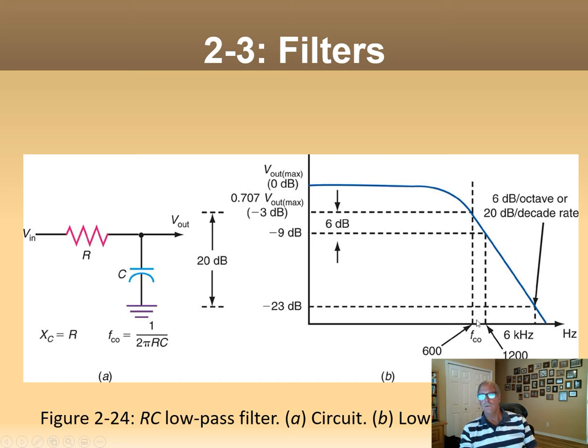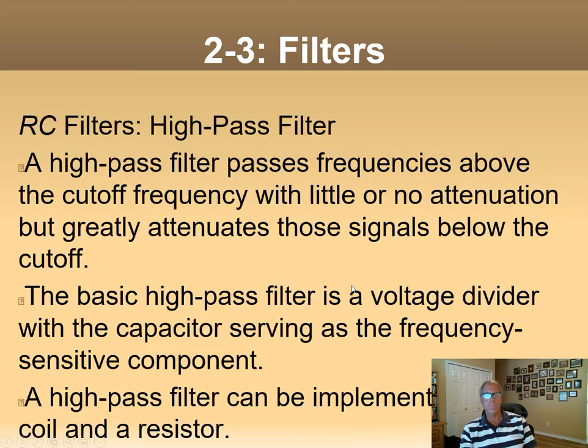So that's what this is showing here. So there's 6 dB per octave. Okay, so that's at 1200 hertz. At 6 kilohertz, which is a decade, you go down from minus 3 to minus 23. So that's 20 dB per decade. Good diagram here.